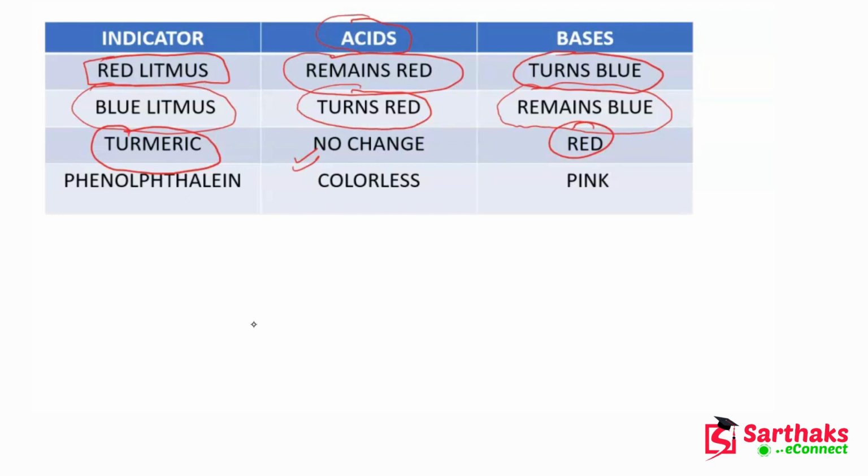You have also observed this in our houses. Suppose we are wearing a white shirt, and turmeric powder falls on it, so a yellow spot is left on the shirt.